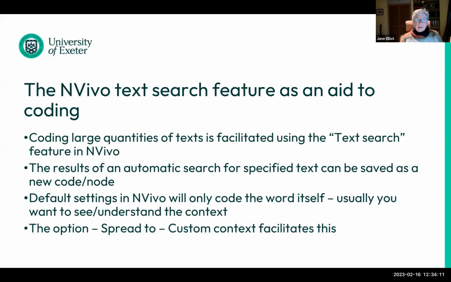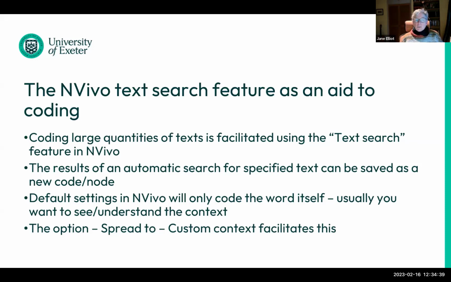And now thinking about how we use the text search feature as an aid to coding. So I've certainly found that when I've got large quantities of texts in mixed methods research, it's very helpful to use this text search feature. And the reason this is so helpful is that when you do an automatic search for a particular word or specified text, you can save it as a new code, or what used to be called a node in NVivo.